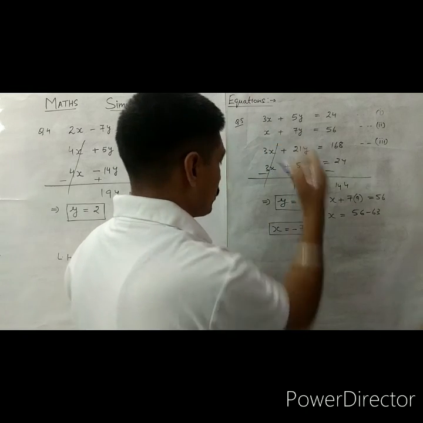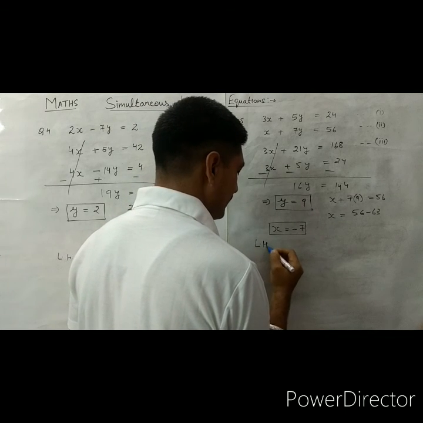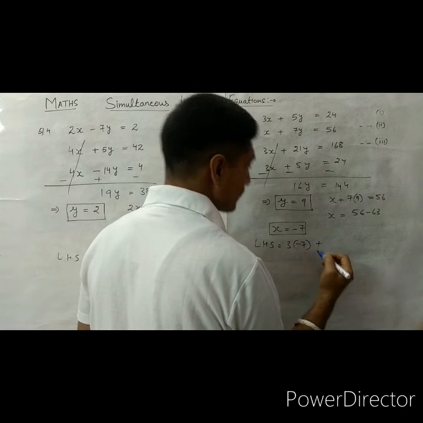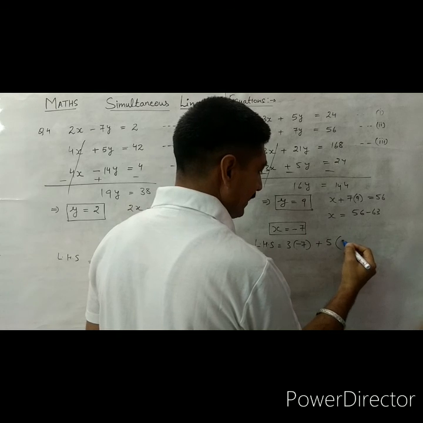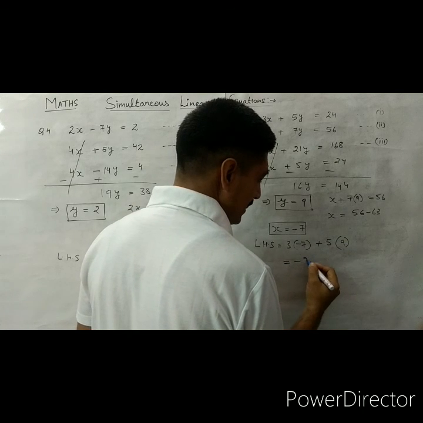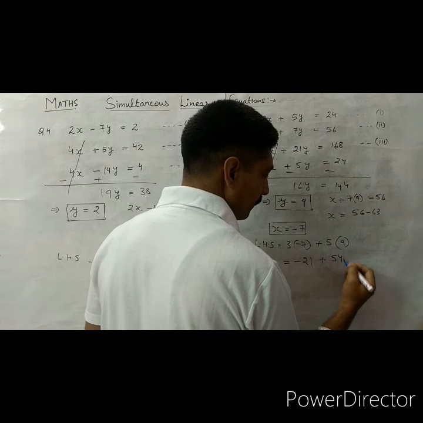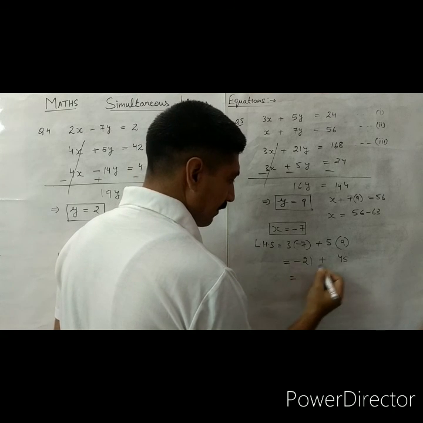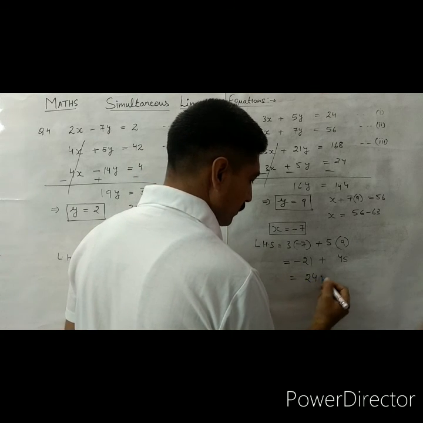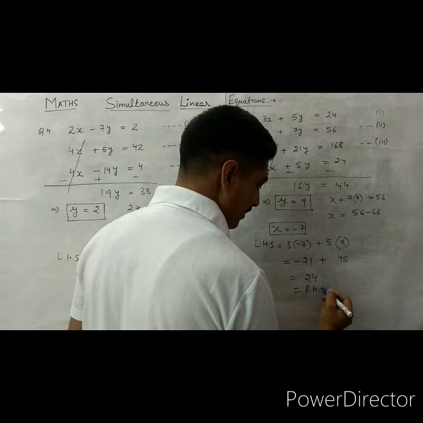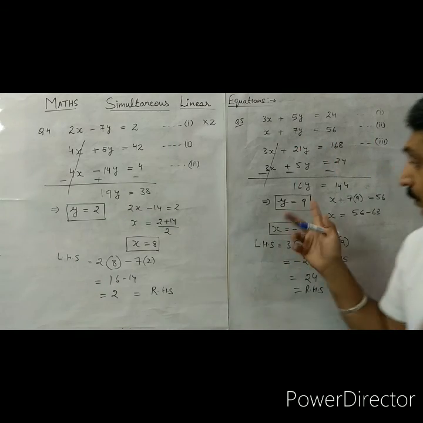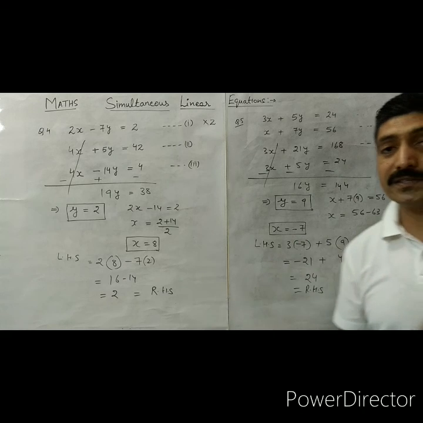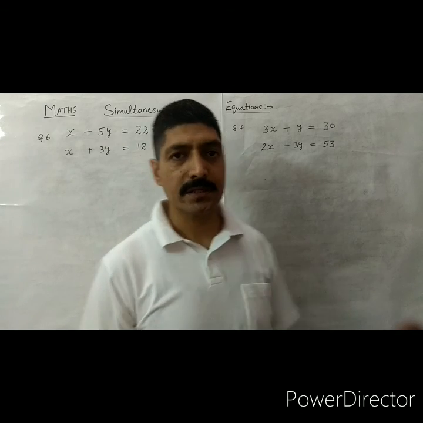Putting the values in equation number 1, left hand side is equal to 3 into minus 7 plus 5 into 9, which is further equal to minus 21 plus 45, which is 24, which is further equal to the RHS, right hand side. So our solutions, x is equal to minus 7 and y is equal to 9, are both right answers.